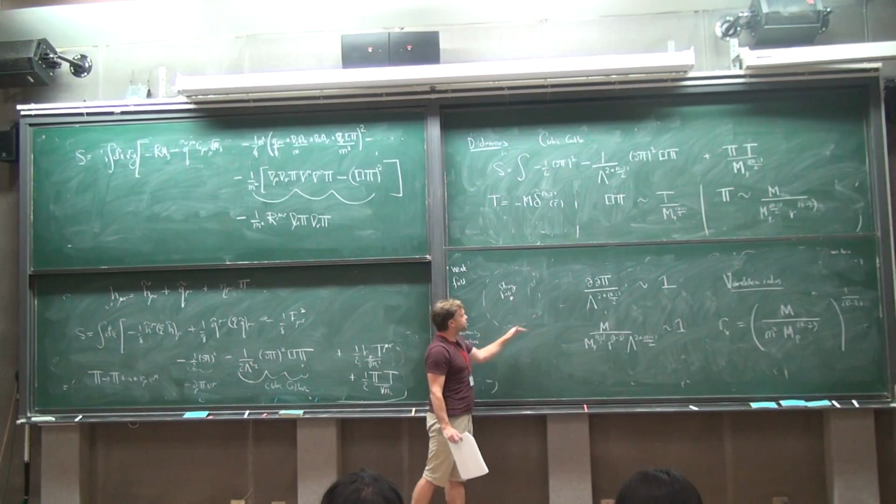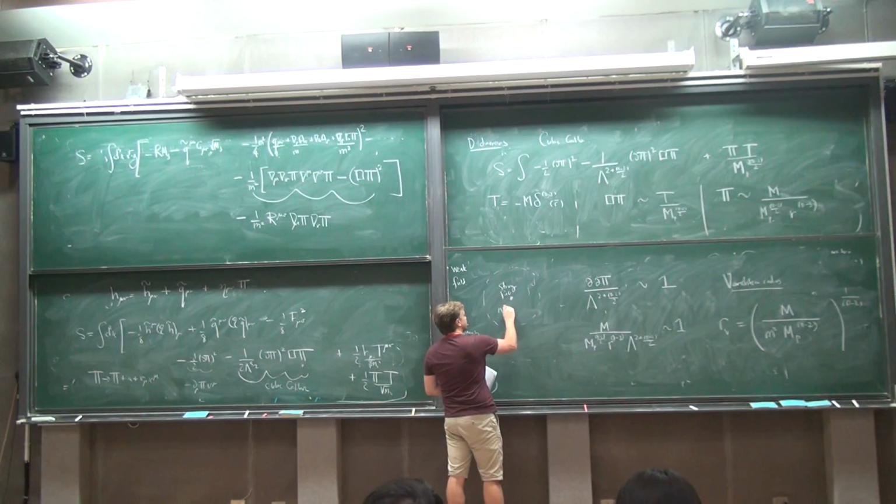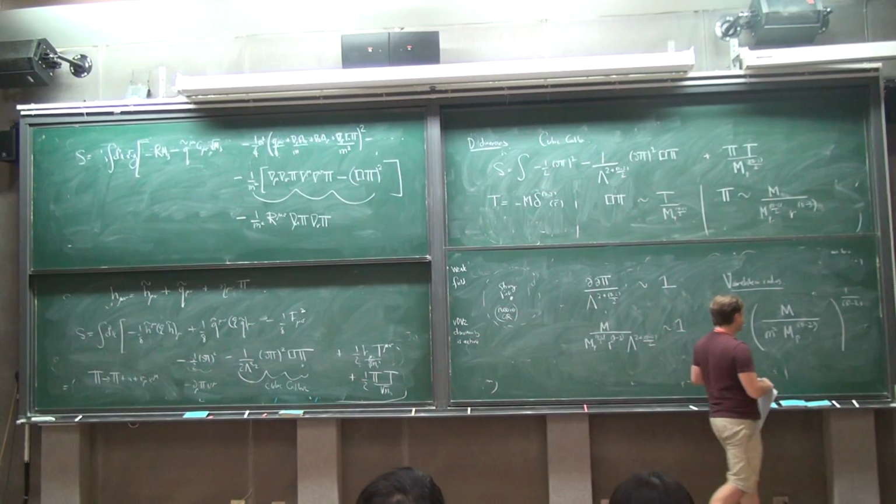But inside this region, you can't trust that linear calculation, and effectively what happens is that you basically recover the prediction that you'd expect from just GR. And I'll convince you of that in a second.